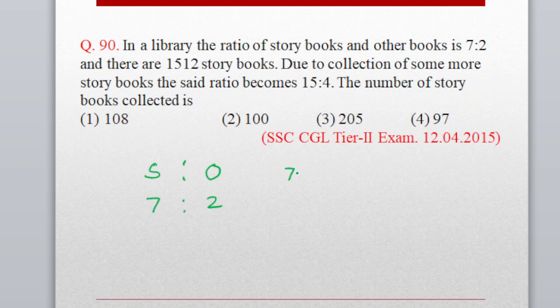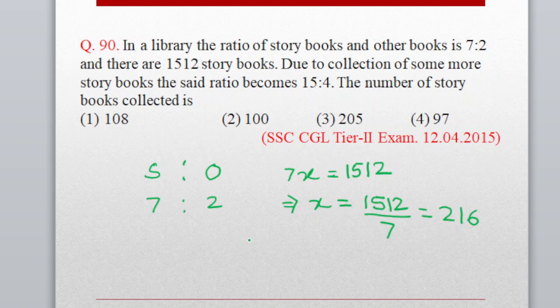That means 7x is equal to 1512, so x is equal to 1512 divided by 7. 7 2s are 14, 7 1s are 7, 7 6s are 42, so x is 216.